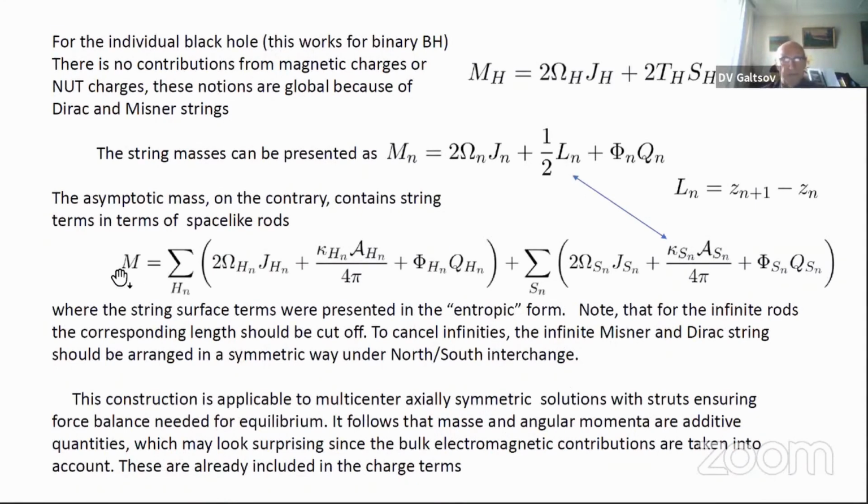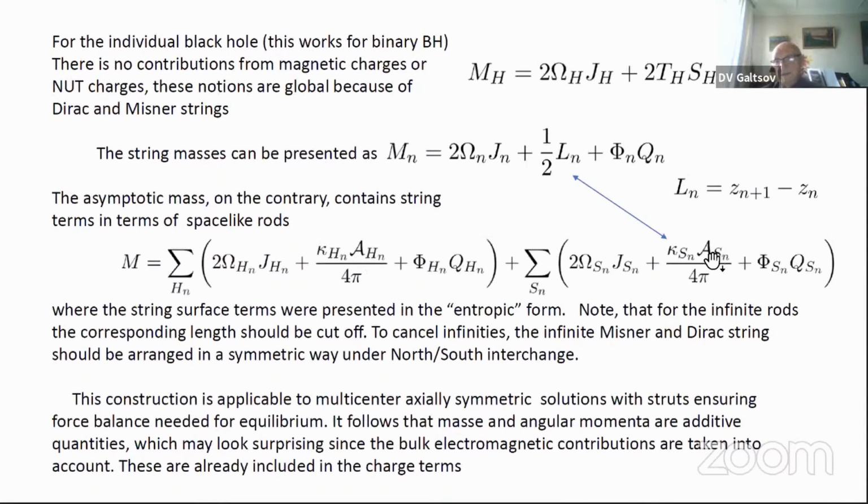Now, the whole asymptotic mass can be separated into the contribution of horizons, if you have several black hole components, and the contribution of defects on the axis. But it looks the same way if you treat how you treat area.